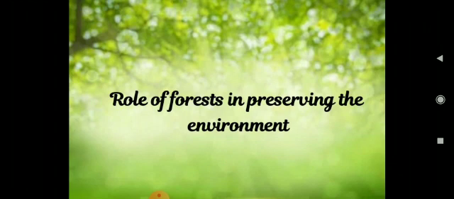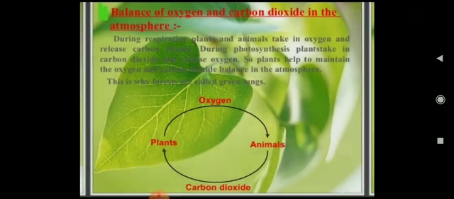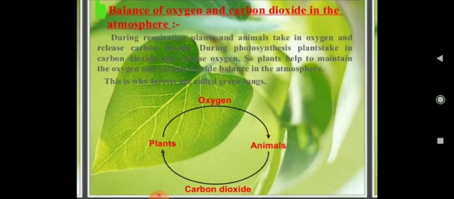The different roles played by nature are listed here: the role of forest in the water cycle, the role of forest in conservation, and the balance of oxygen and carbon dioxide in the atmosphere. During respiration, plants and animals take in oxygen and release carbon dioxide, right? And during photosynthesis, what happens?